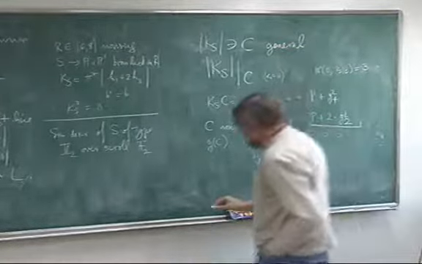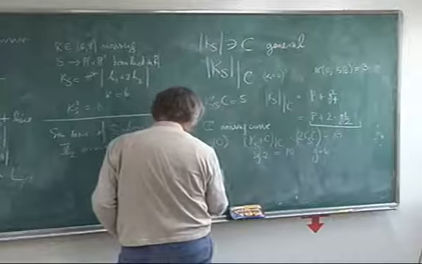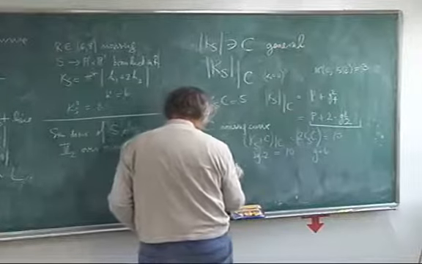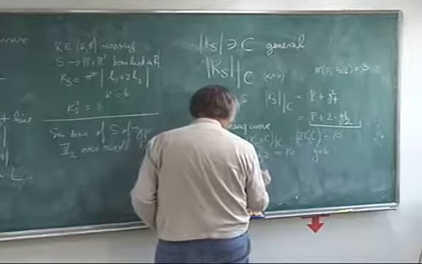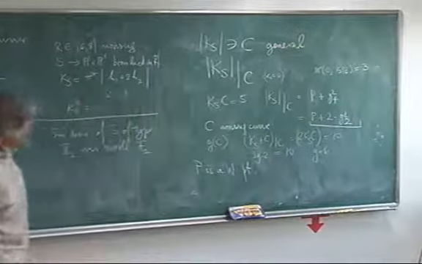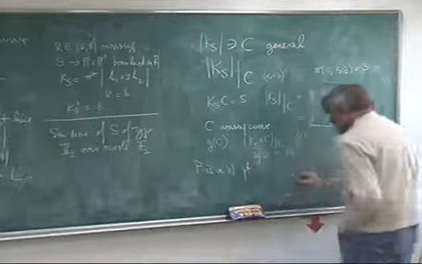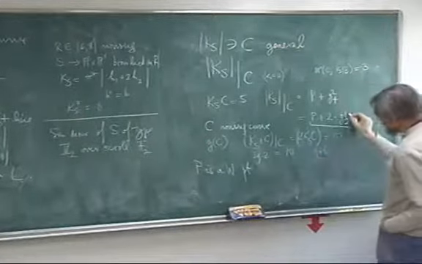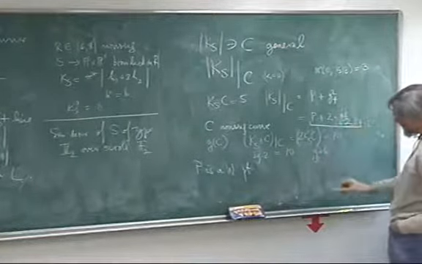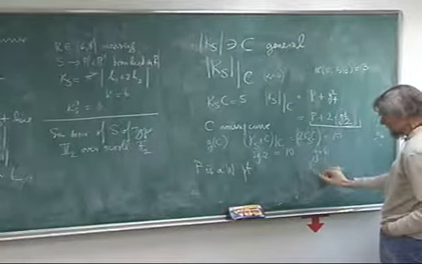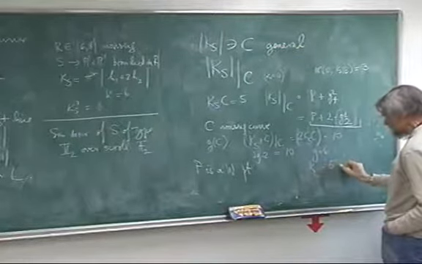Right, and P is a Weierstrass point, for exactly the same reason as before. This curve has got a G12, and therefore it's a hyperelliptic curve. Therefore Kc is 5 times the G12.